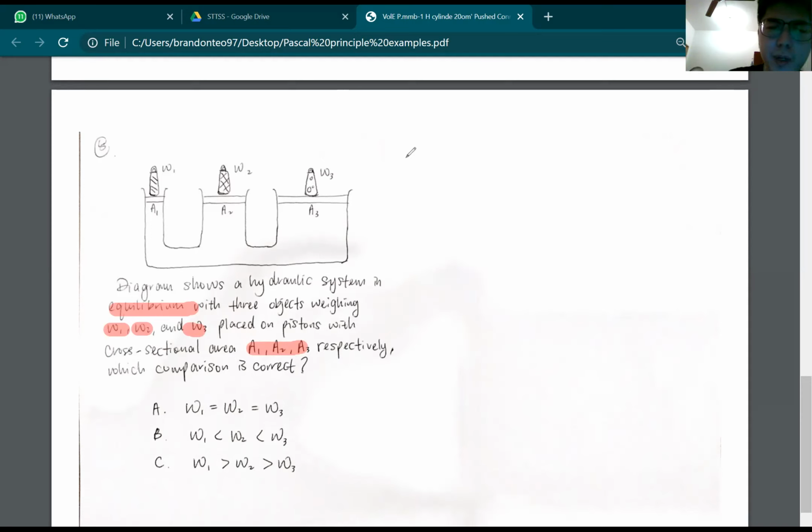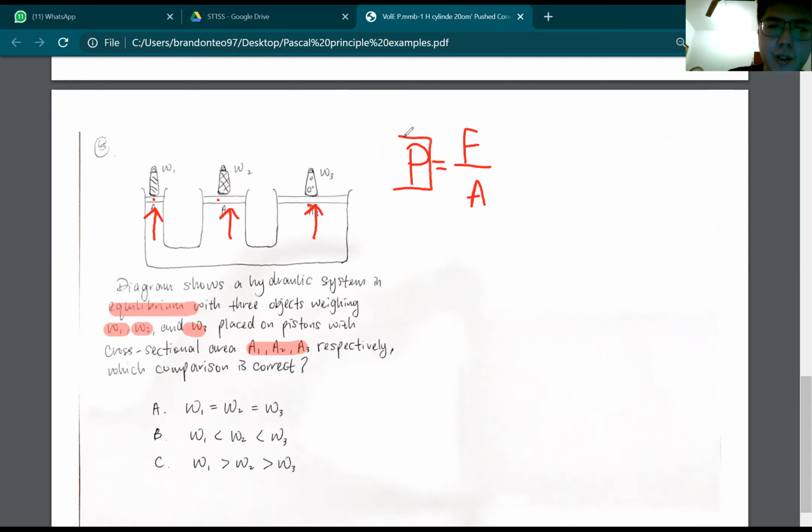Okay, so from the formula P equals to F over A. Okay, you can just use the formula to identify. You see 在3个 point pressure 是一样嘛？Okay, 3个 piston pressure acting here, same as pressure acting here, same as pressure acting here.